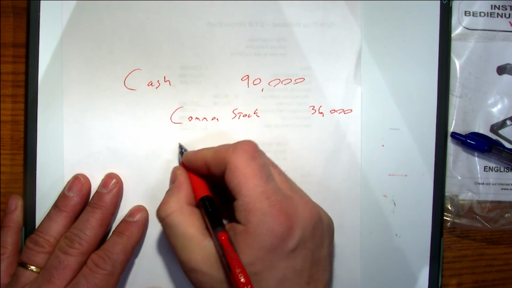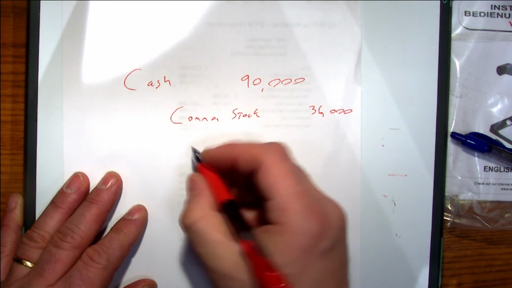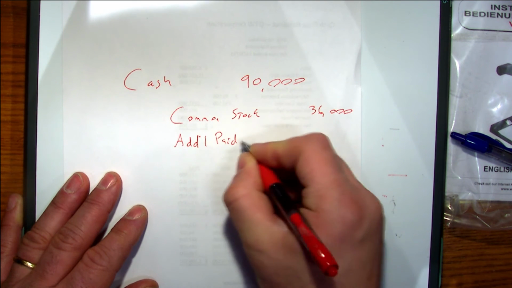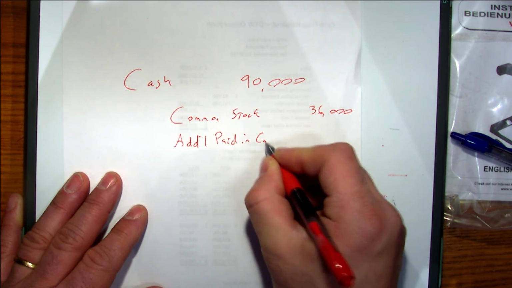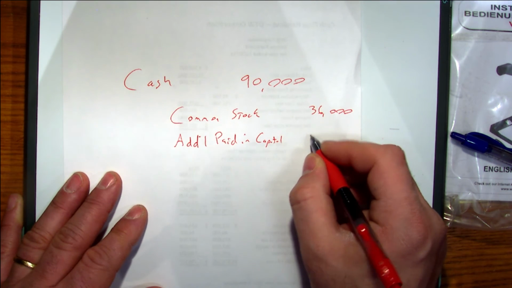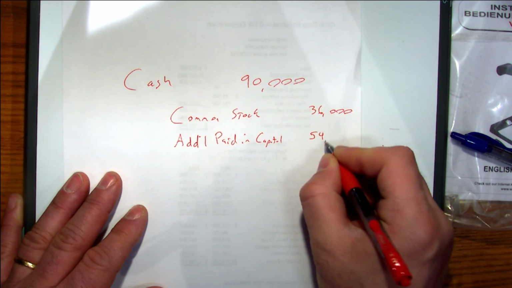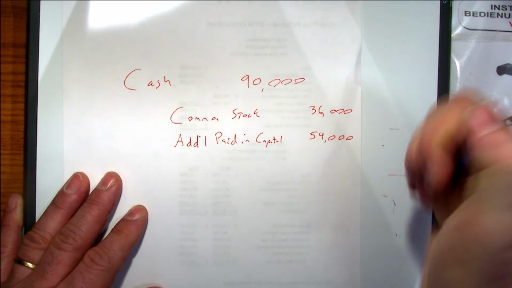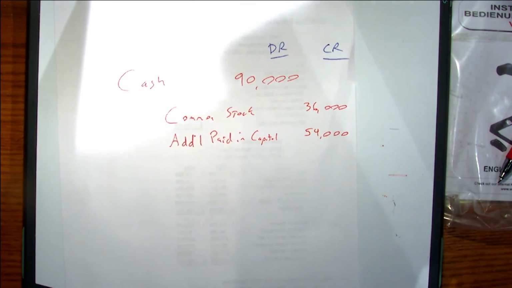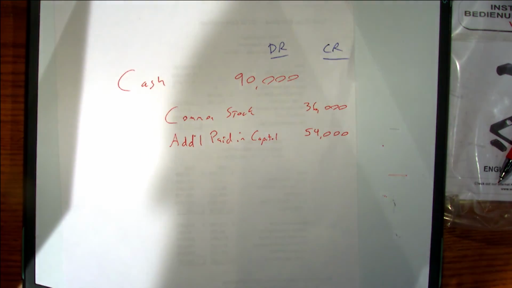And remember this additional paid-in capital? That is also an equity account, and it was credited when we made this entry. So this is your journal entry right here when you issued that stock. Does that make sense? Great question.